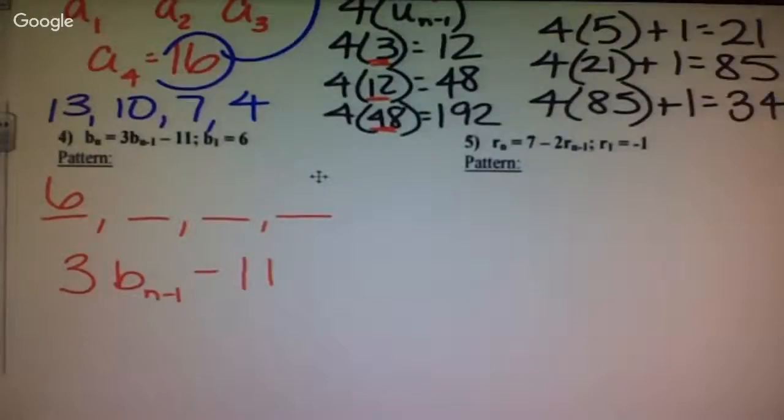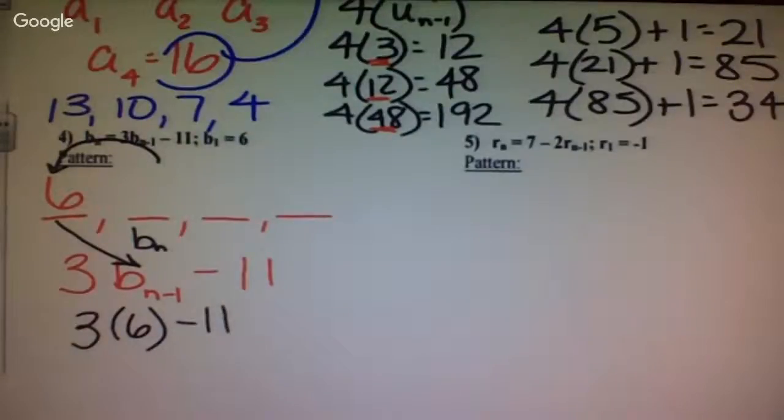If this is b sub n, I need to go backwards, and 6 needs to go here. 3 times 6 is 18, minus 11 is 7. So this number is 7.